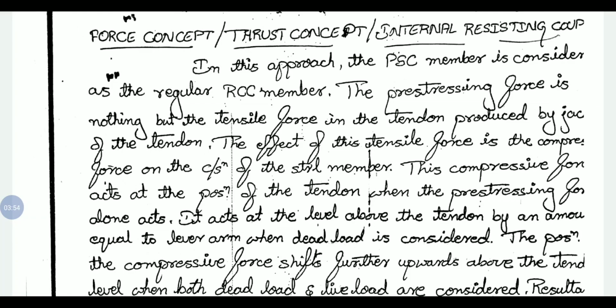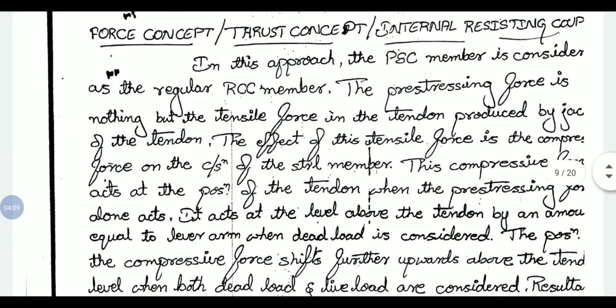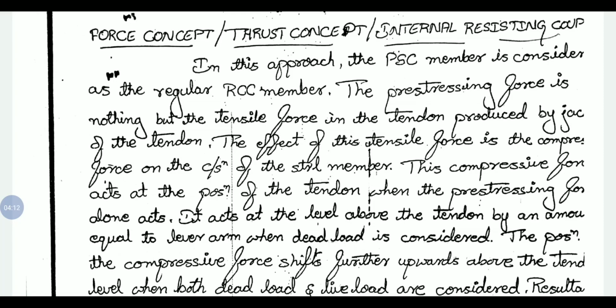After casting, when the concrete hardens and we release the steel after applying the tensile stress, it will try to come back to its original position. During that time, in hardened concrete, the same tensile force in the tendon in turn applies compressive force on the concrete member.